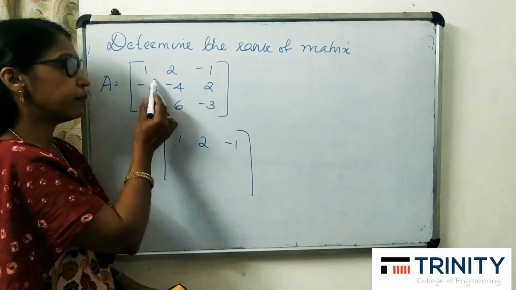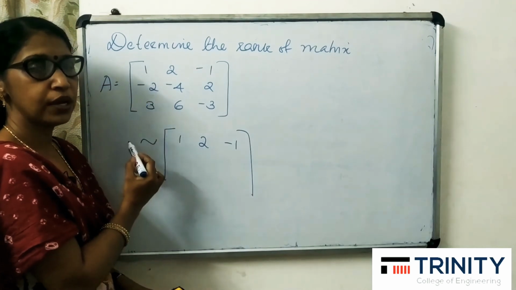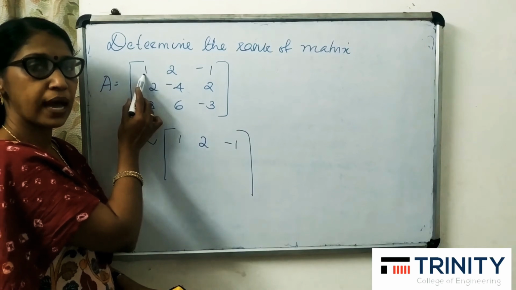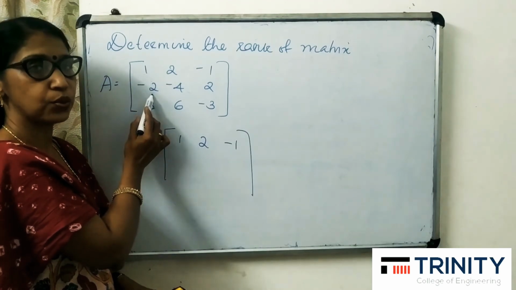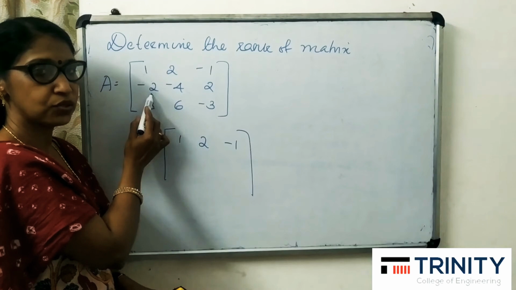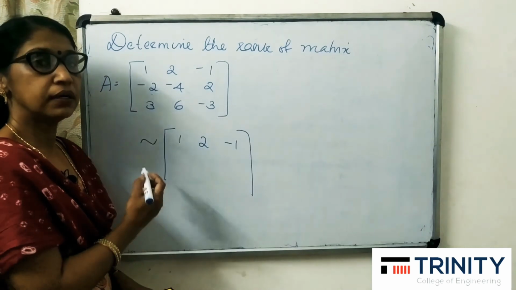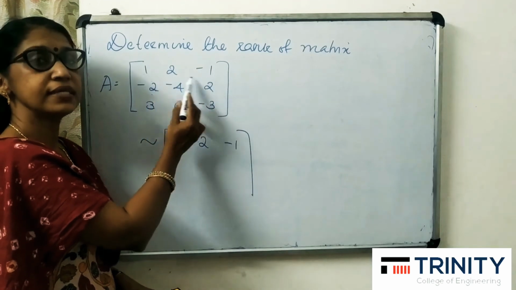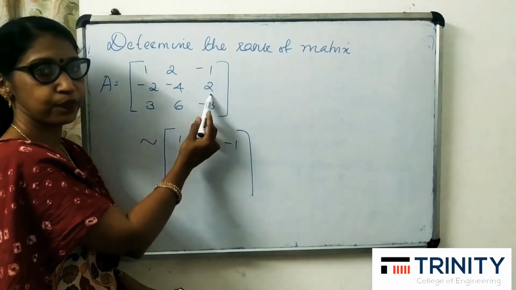For making this -2 zero, we have to multiply the first row by 2 and add it to this row, so we get 0 here. The same procedure has to be done for each and every element in this row.